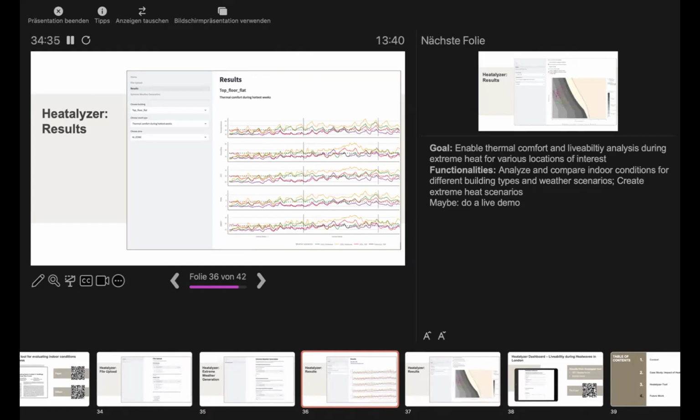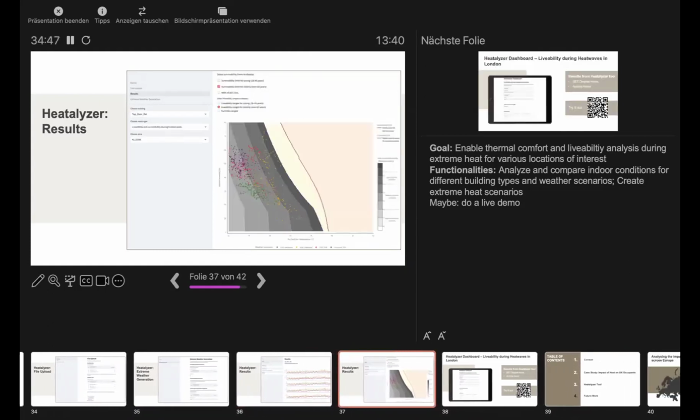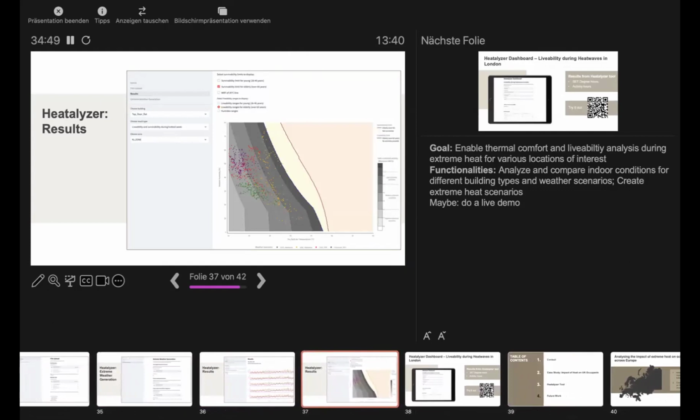You can select the building type, the kind of result you want, and even the building zone, and it will show you this result. We also implemented in the Heatalyzer the livability assessment that I showed you, which shows what kind of activities are still possible for a particular occupant, as well as these activity hours.